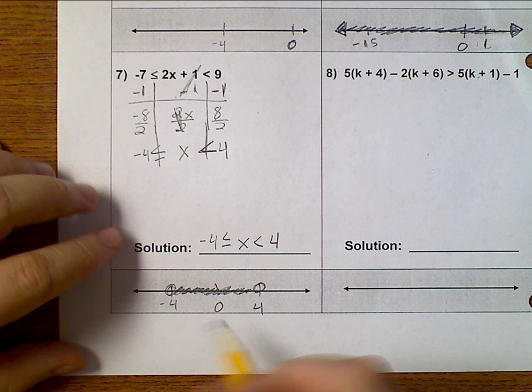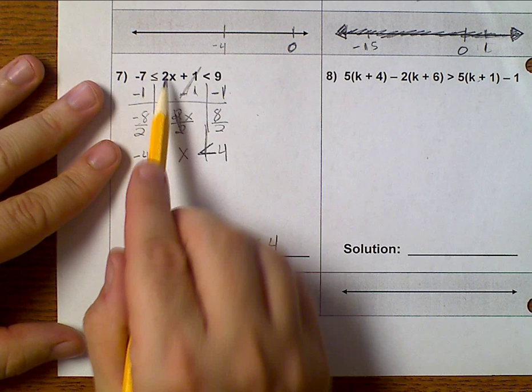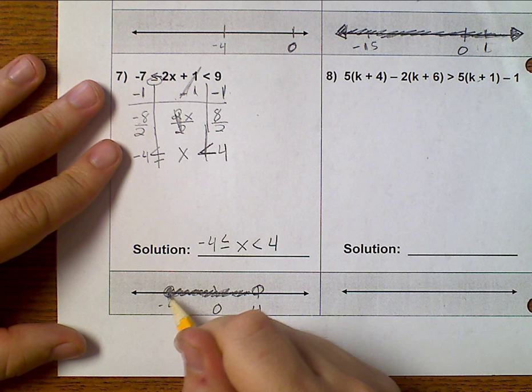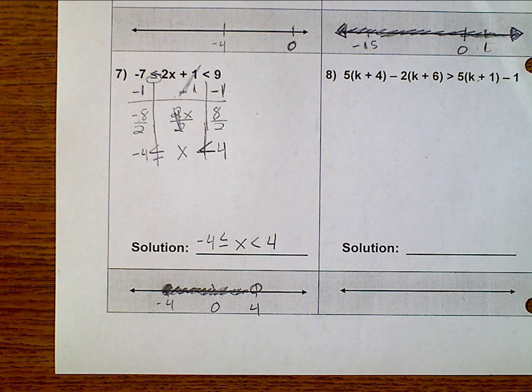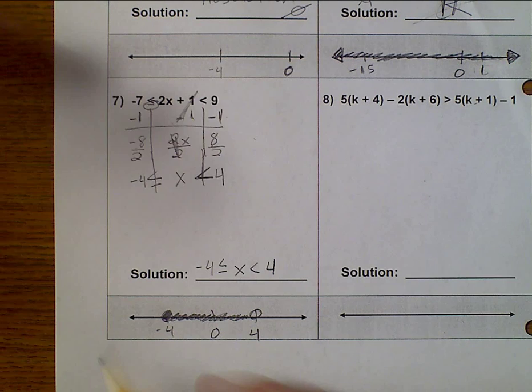Now, one other thing that's new about this is here we have an equals bar. Because it's an equals bar, I actually get to fill in that bubble because x can be negative 4. X is in fact anything from negative 4 to everything except 4. We stop at 4 and we don't actually include it, but we are including negative 4 here.